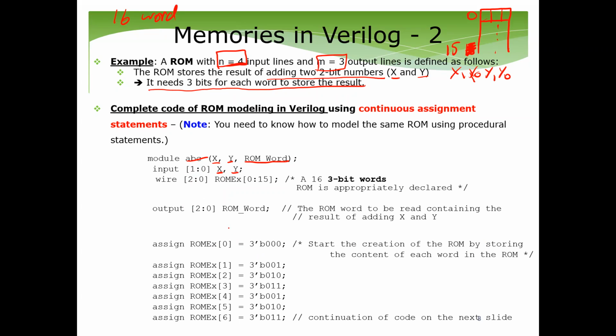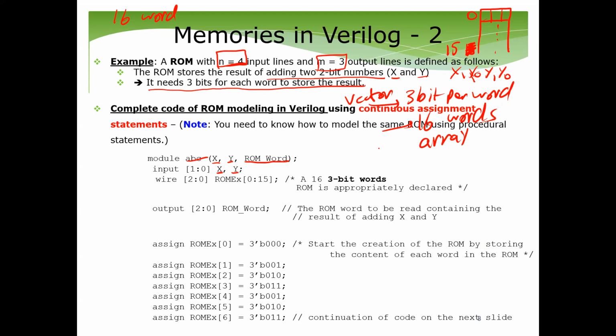We already calculated the size of ROM that we need. So we need 3 bits per word, and we have 16 words total. This is the size of each word. This is the number of words. The number of words has to be an array, and each word has to be a vector. So I'm going to create an array of vectors.